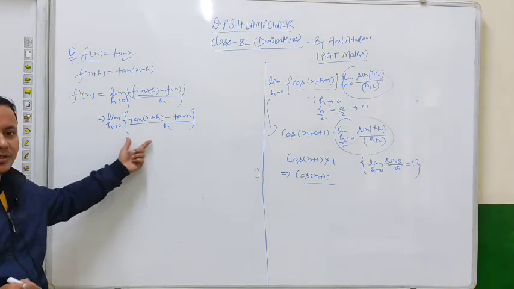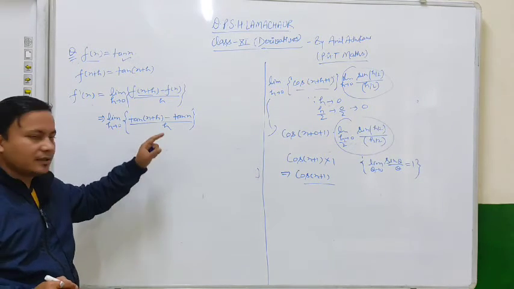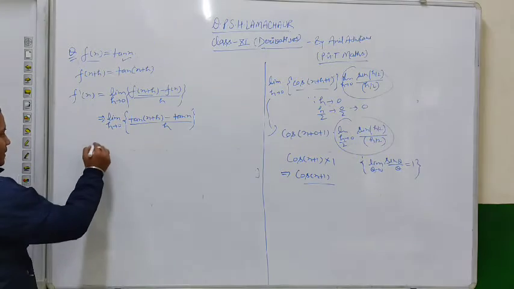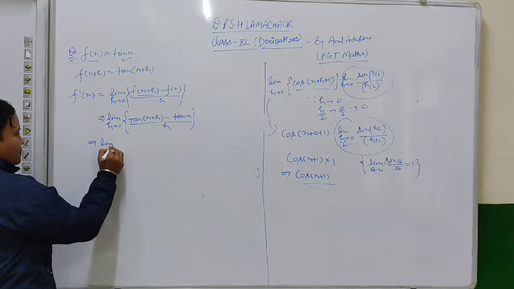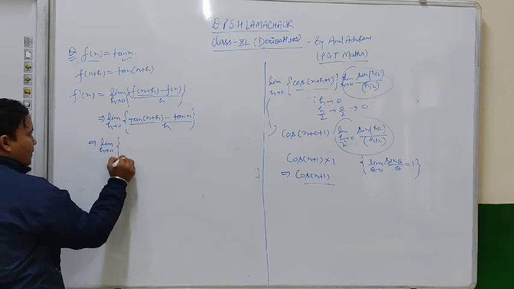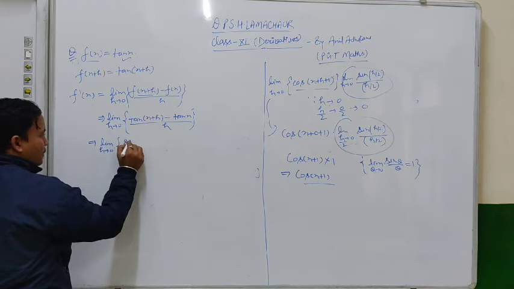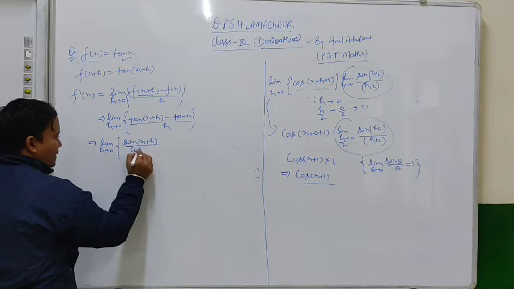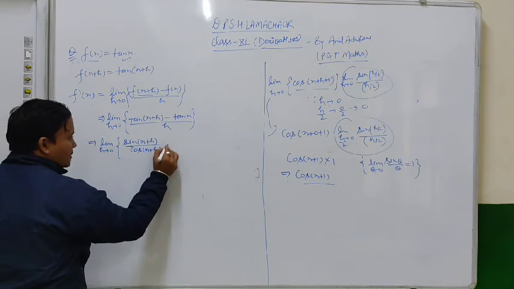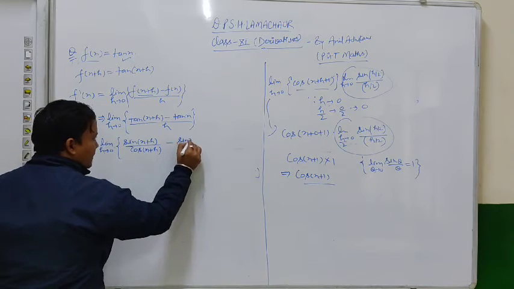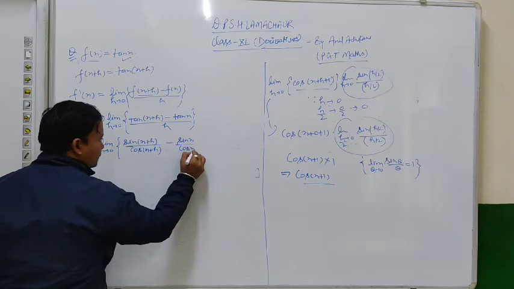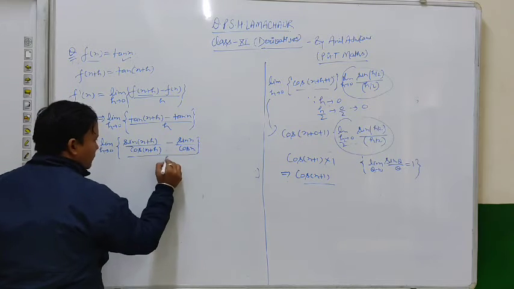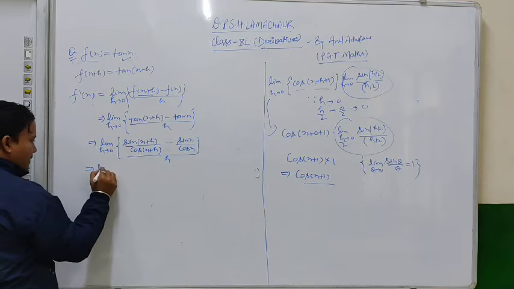So to remove this condition, we will break tan in terms of sin and cos. So this will be limit h tends to 0, tan(x plus h) will be expressed as sin(x plus h) divided by cos(x plus h). Similarly tan x will be written as sin x upon cos x, and whole upon h. Okay, so limit h tends to 0.